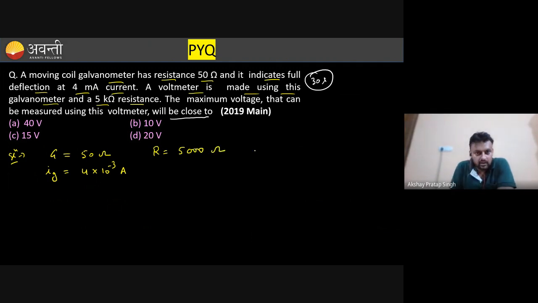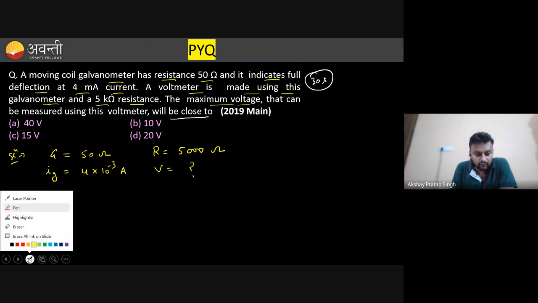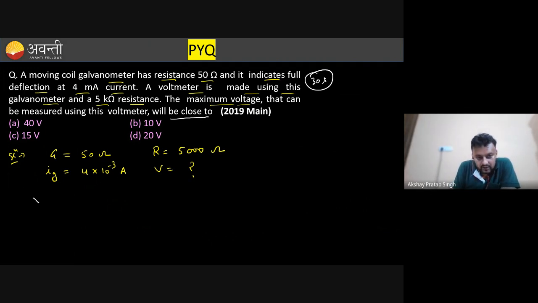They are asking the maximum voltage, which we denote by V. If you remember, the golden equation for the conversion to voltmeter was V equals Ig into (G plus R).